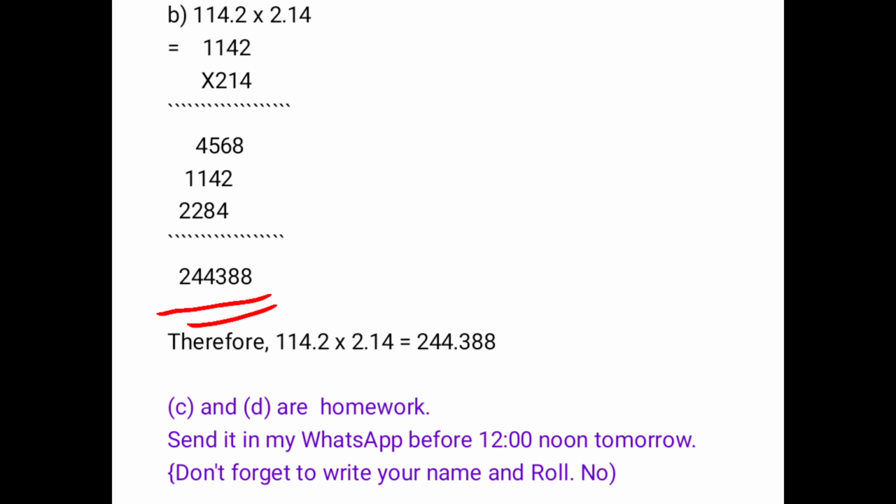You count the decimal places. After the decimal point, how many digits are there? Here 1 is there, here 2 digits, so 1, 2, 3. So the decimal point has to move 3 digits to the right side. So after 3 digits you have to put the decimal point. Got it?